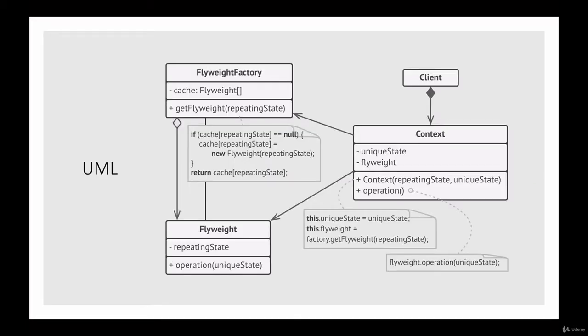Let's look at the UML diagram. We have looked at the problem it is trying to solve. In the UML diagram, we have a context which has both unique state and flyweight state. This unique state can be derived from a flyweight factory, which will provide you all the possible unique states your objects can have.